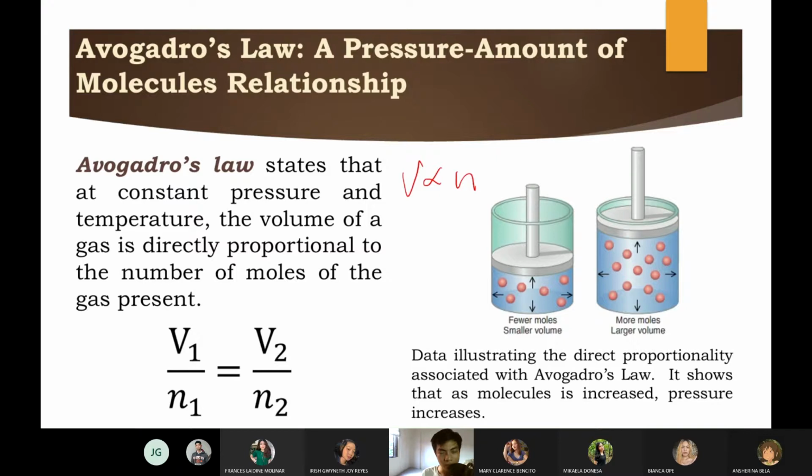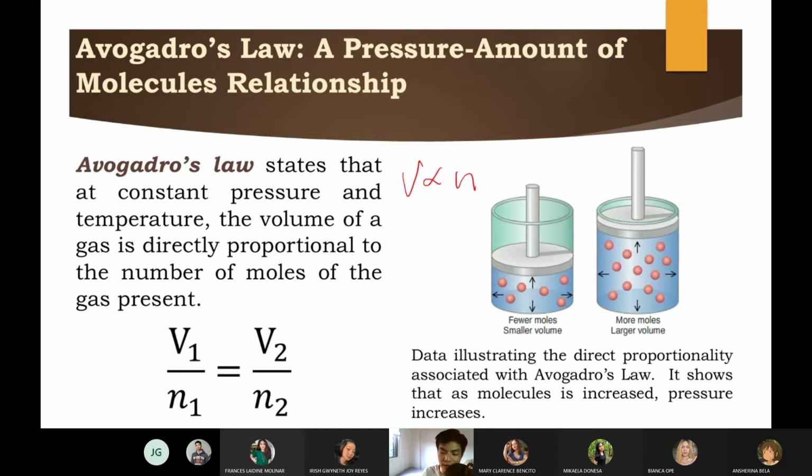Nag-expand yung balloon. Okay. Bakit? Kasi dinadamihan mo yung gas particles sa loob. Yung CO2 nyo, pupunta siya sa loob ng balloons. So that's why, according to Avogadro, increasing the number of moles of gases increases the volume. Okay? So that means volume is directly proportional to the number of moles of gases.